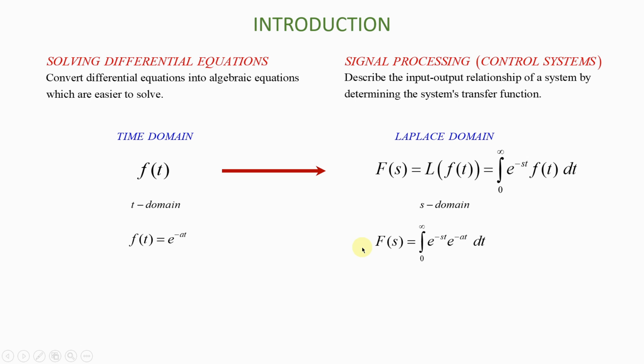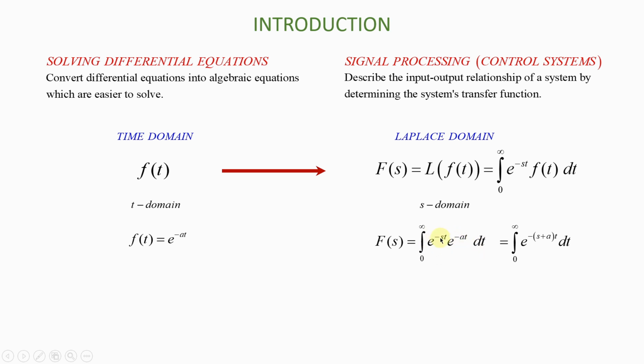And so now that you have to calculate this integral, okay, it's going to be easier for you to first notice that you have e raised to the power of minus st multiplied again by e raised to the power of minus at. So you can just write therefore that this is equal to e raised to the power of this plus that.